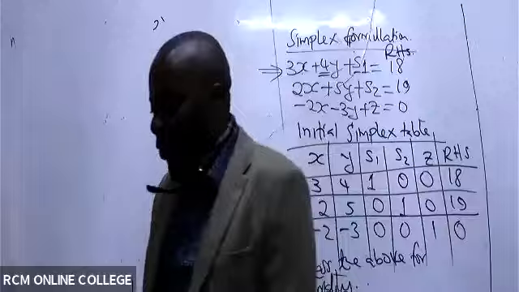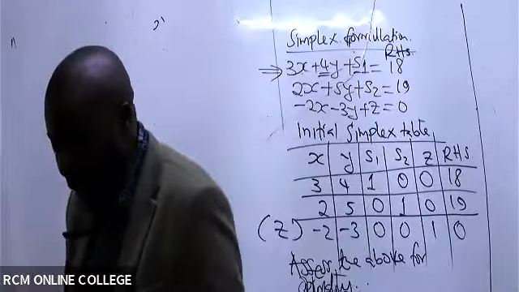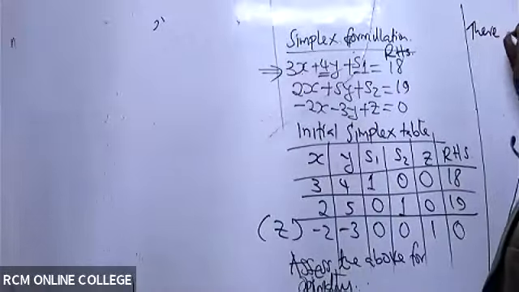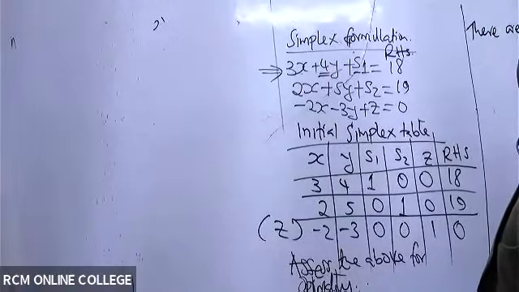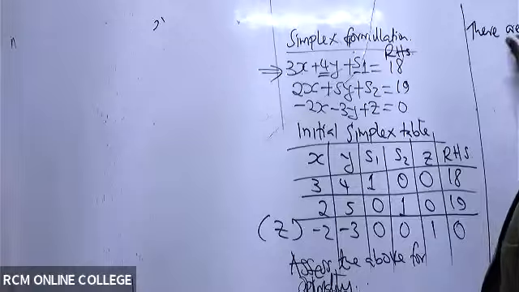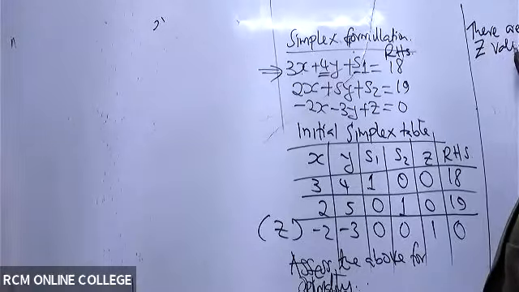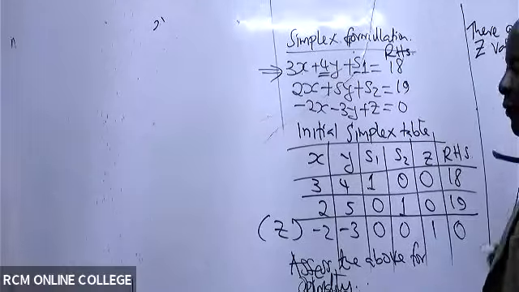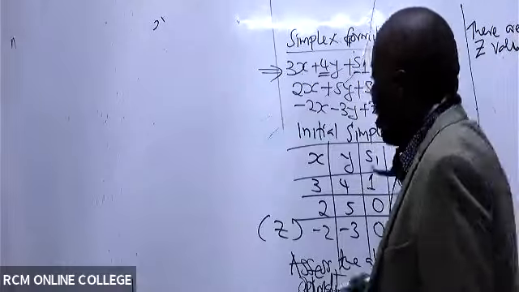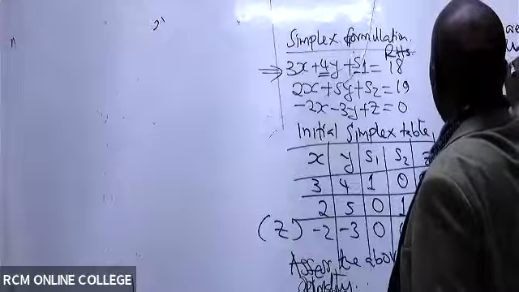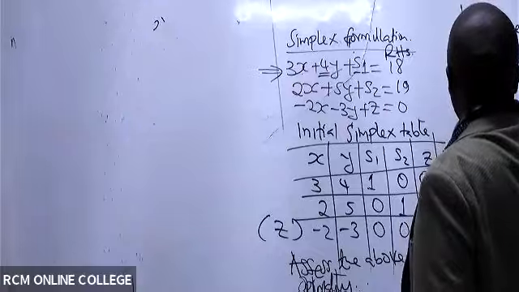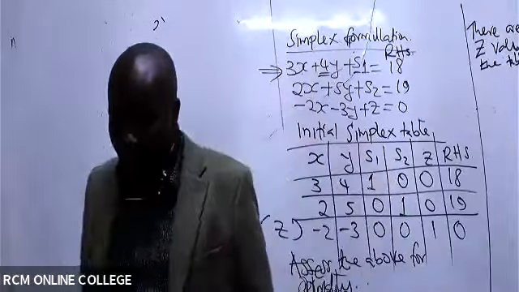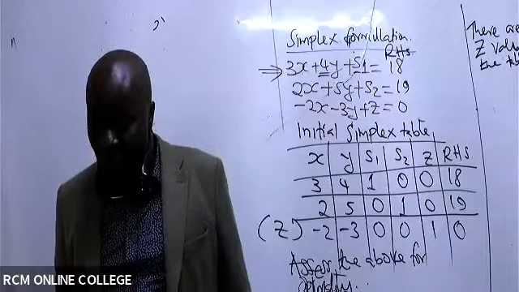So there are negative Z values, and therefore the table is not optimal.